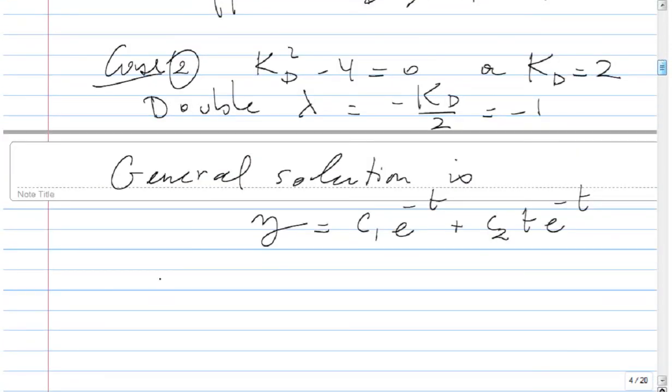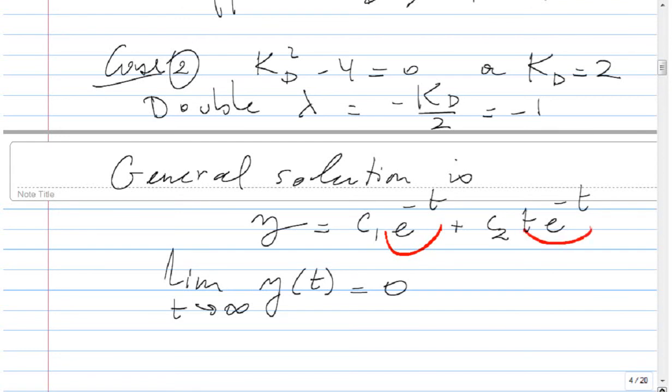And again, in this case, we have the limit of y of t when t goes to plus infinity equal to 0. Pay attention that this one goes to 0, no problem. But for this one, you have to use your knowledge of calculus 2, where because t goes to plus infinity and e to the minus t goes to 0, you have infinity times 0, you may have to use L'Hopital's rule to show that indeed it goes to 0 as well. So it goes to 0.